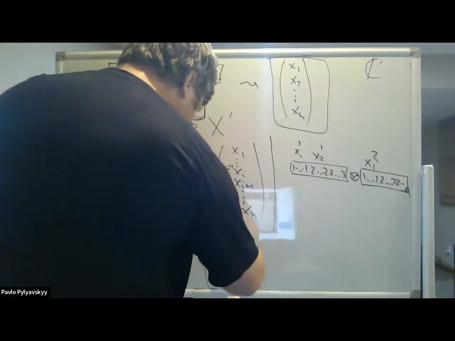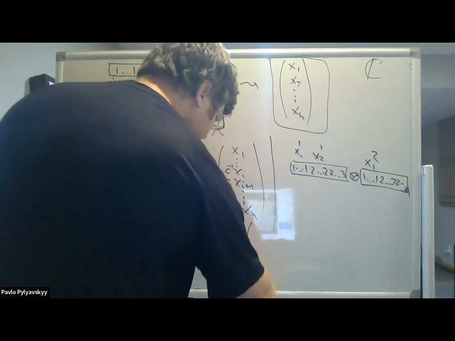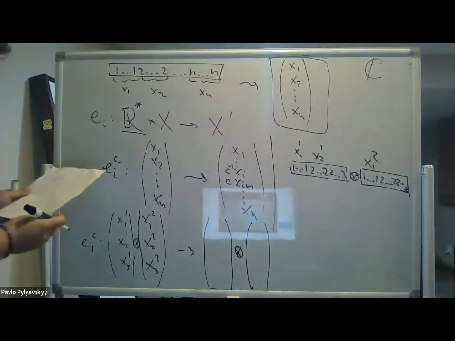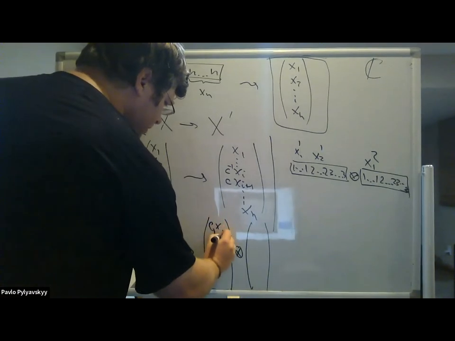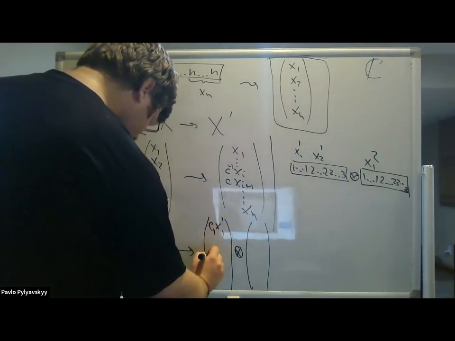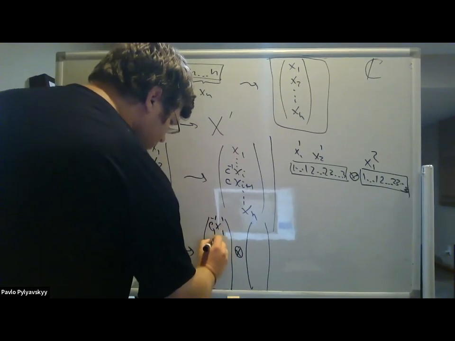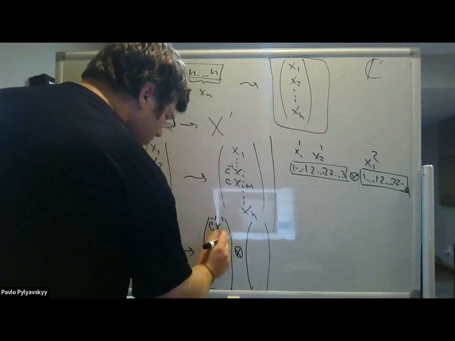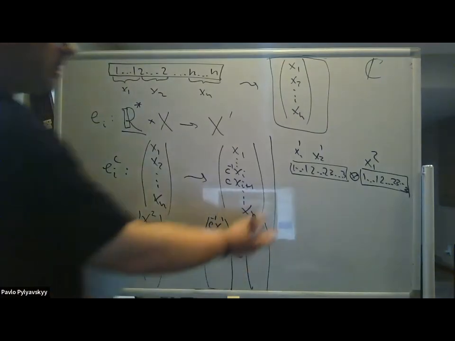So the crystal operator will act on both factors, and it will act on both factors with some parameter. So C1 x11, I guess I should write inner, C1 x12, and then the 3's don't change, just like in the usual crystal.